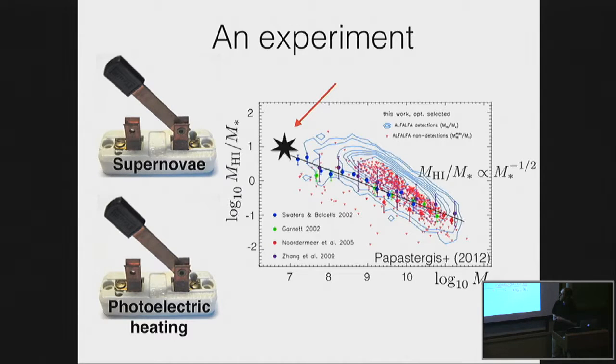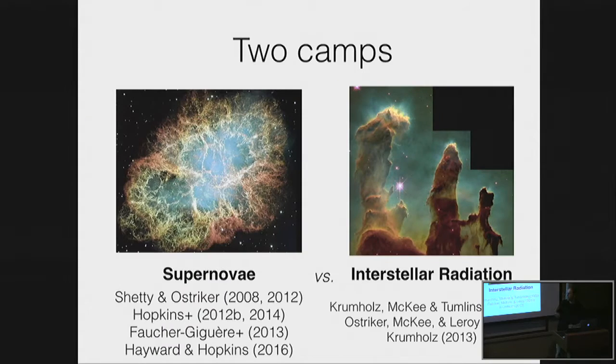We started it with 10^7 solar masses in stars and 10^8 solar masses in gas, so it lies on the relation for stellar mass versus gas fraction. Then we just flipped two switches. We turned supernovae on and off, and we turned photoelectric heating on and off. Photoelectric heating, which I'll talk about more in a second, is one of the primary channels by which interstellar radiation acts on the gas.